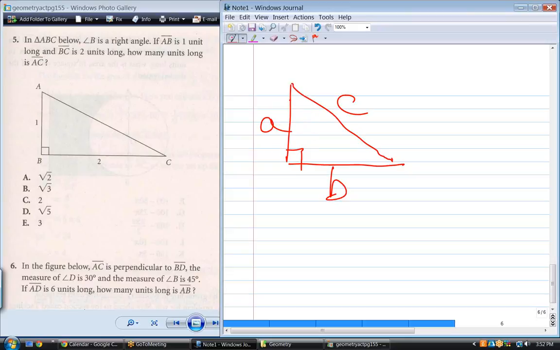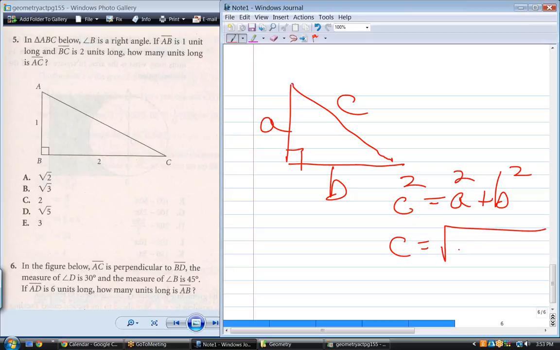Right. And if that is a right triangle, then C squared is equal to A squared plus B squared, which makes C equal to what? How would I solve that algebraically? Square root both sides. Correct. So it's the square root of A squared plus B squared.